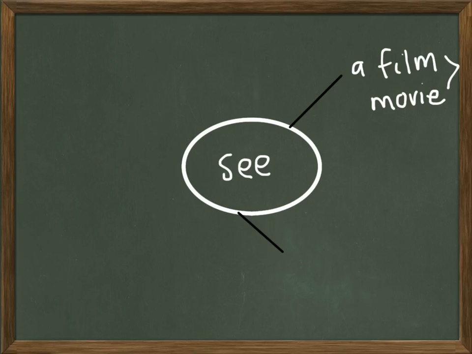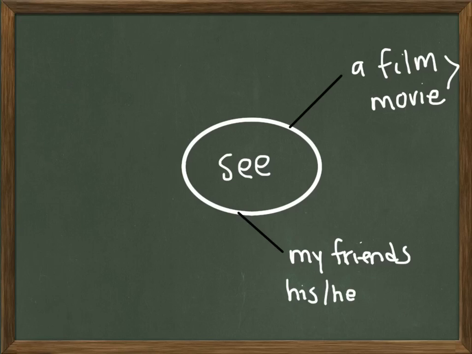Also we can say see my friends, or see his or her friends, depending on the situation. You can also see your family, or my family. Very nice. Let's continue.